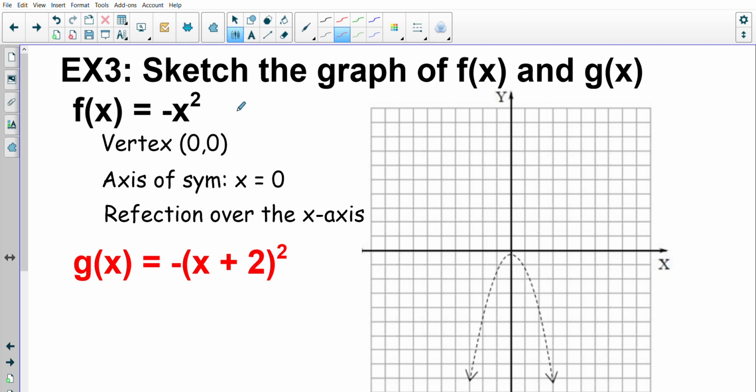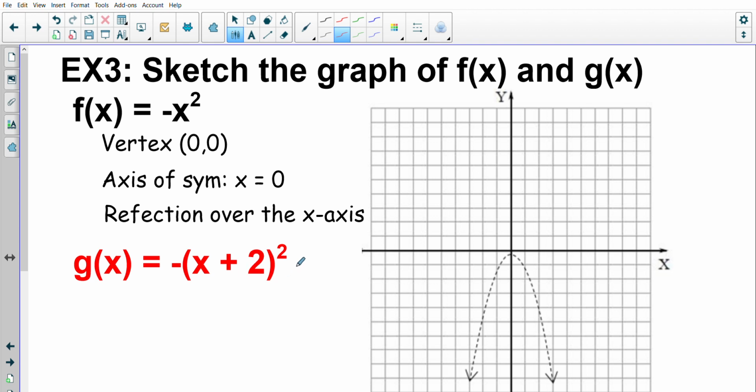So we're going to compare negative x squared and negative (x plus 2) squared. Well, this negative is still going to flip my parabola upside down. It's going to open down. This is going to shift it to the left too. Plus is the opposite of what you think. My brain thinks go to the right because plus means to the right, but not in this case.